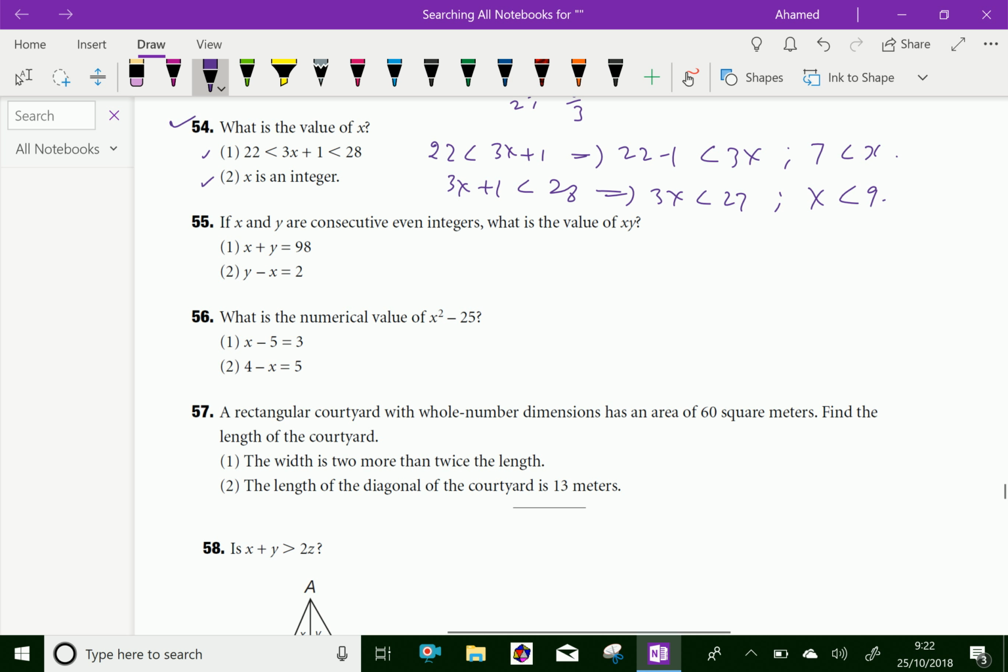So statement 2 together with statement 1 is sufficient, and the answer is conclusively one value. Means here we can say this option is C.